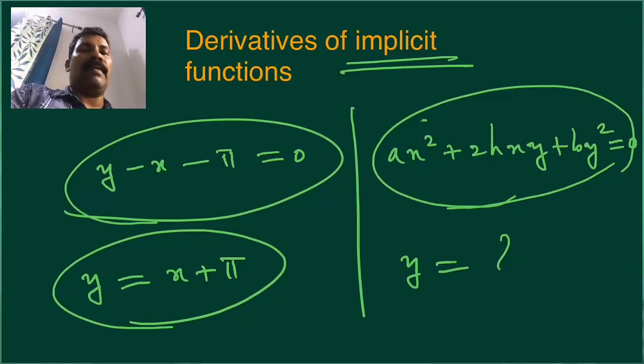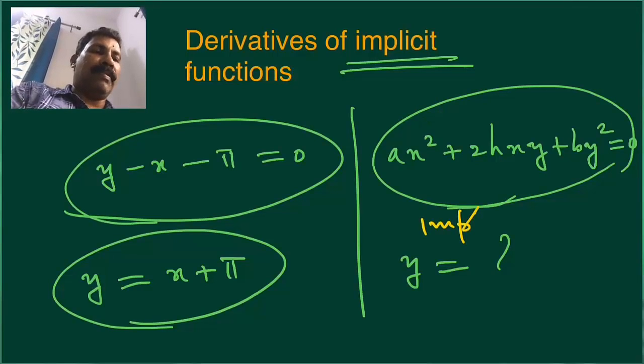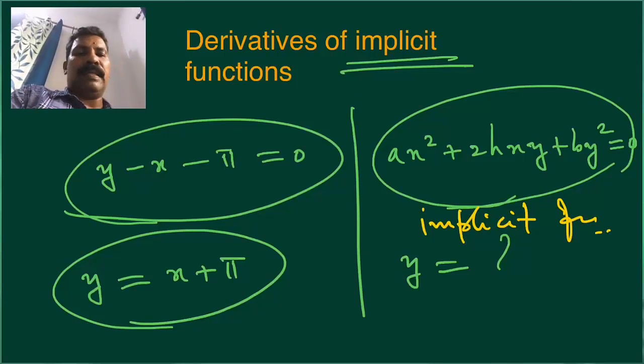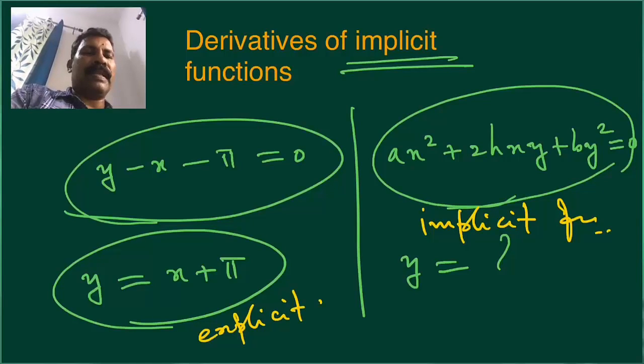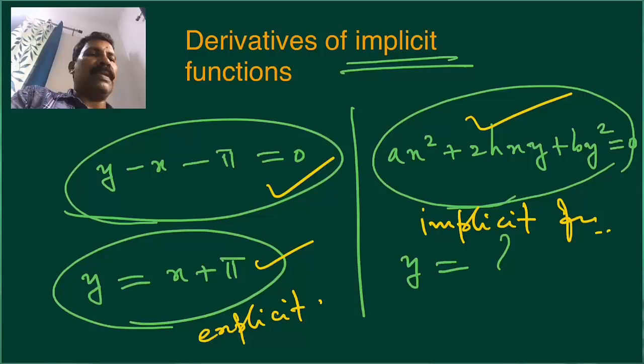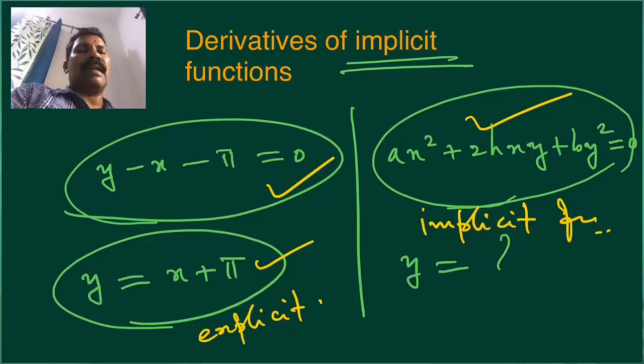Then in the second case, we say the function is an implicit function. This is an example of an explicit function, and this is an example of an implicit function. That is, the relationship between x and y is expressed in such a way that we cannot so easily find the value of y in terms of x.